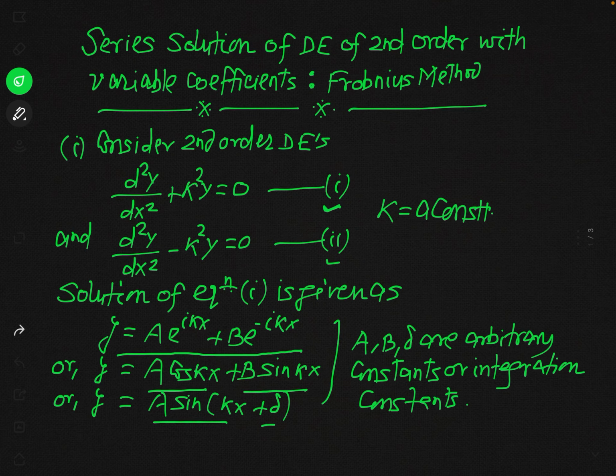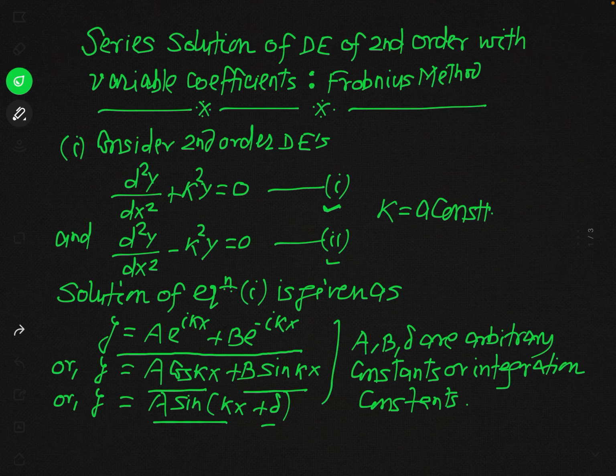Actually, these are the solutions of equation 1, d2y by dx square plus k square y equal to 0. In these solutions, a, b and delta are arbitrary constants, or you can say these are the integration constants.